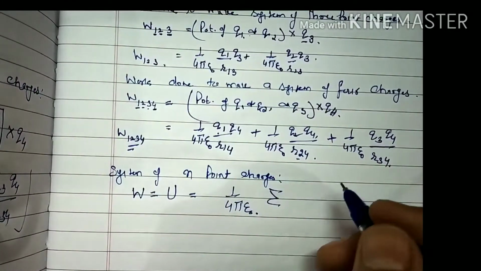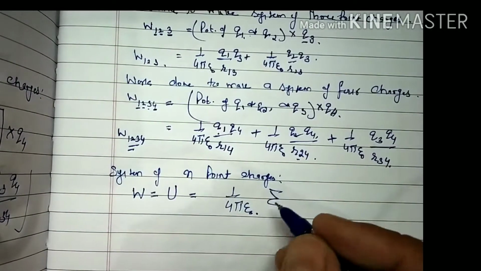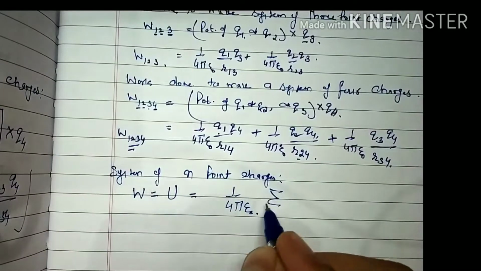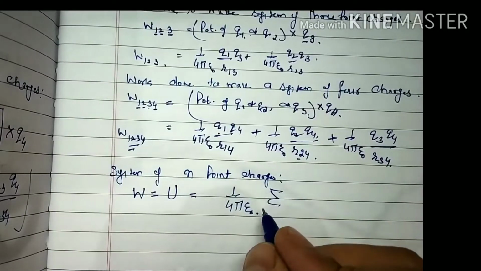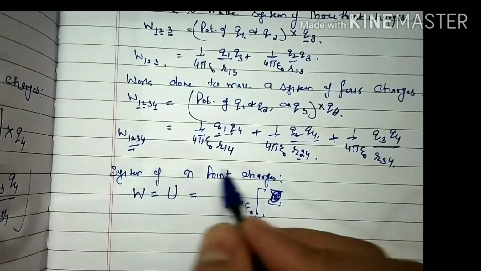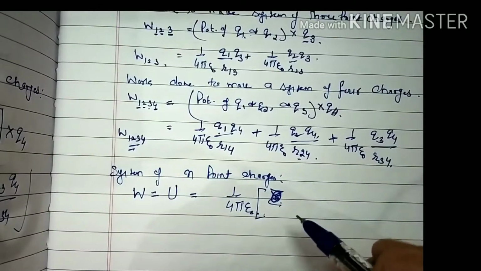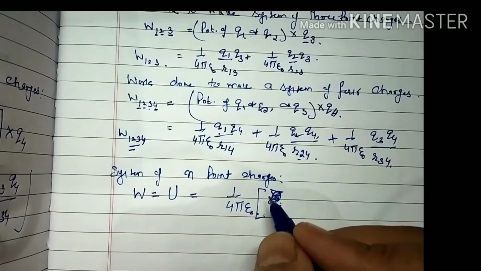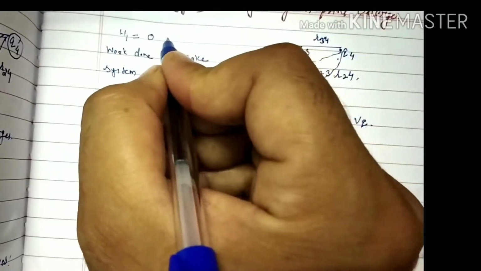For a system of n point charges, let us increase one more step, which will be easy to understand. So 1 upon 4 pi epsilon is common in all the terms, and now we add all the terms that we have calculated from W1.